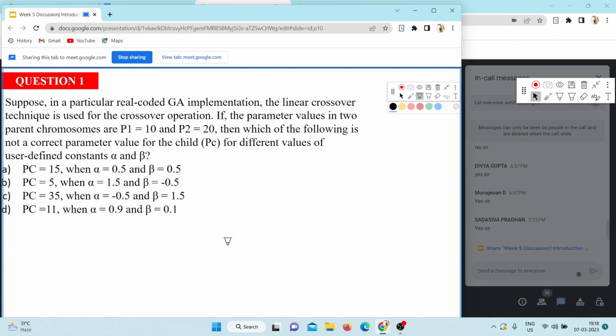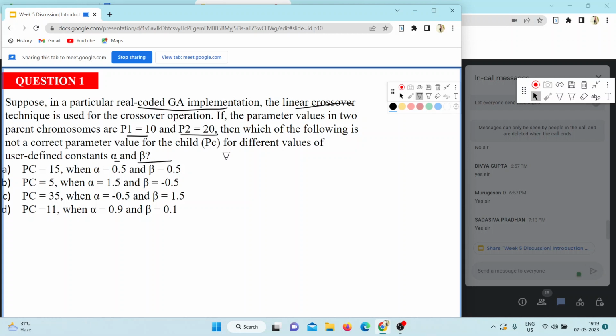So this is the first question. This is for real coded GA implementation. We have to use linear crossover, and parent 1 and parent 2 are given as 10 and 20. Alpha and beta are also given.